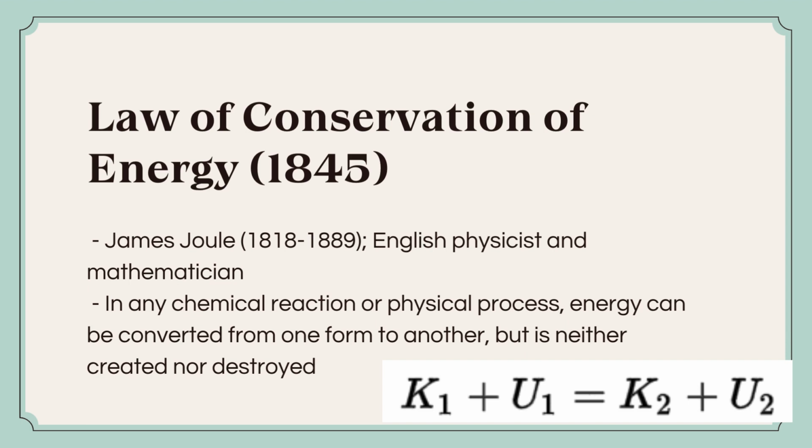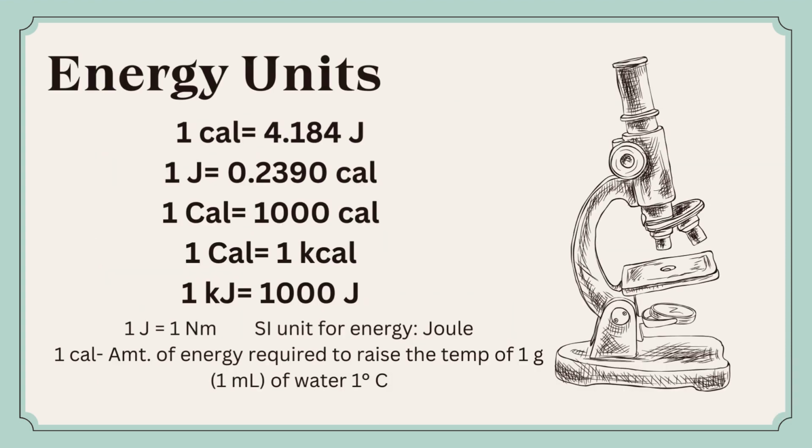There are many different units to define energy, and they relate in many different ways. So I will go over them. We are given 5 basic definitions that you should know.